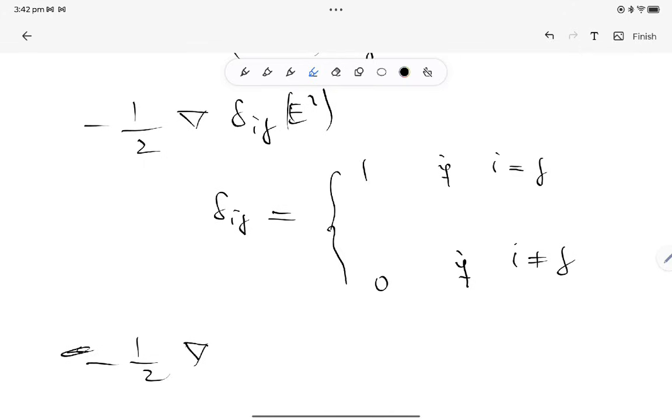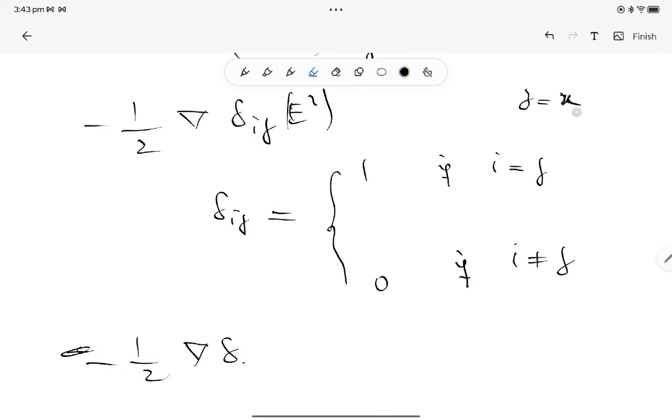You have delta i, let us give it value x, or suppose the value of j is x.